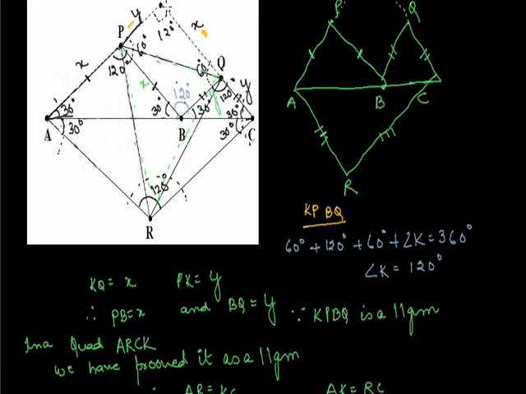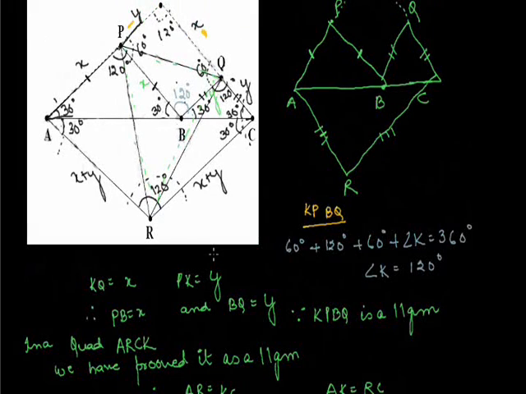Now since this is x plus y, KARC, we have proved is a parallelogram and opposite sides are equal. So if KC is equal to x plus y, AR is also equal to x plus y, and in this if AK is equal to x plus y, RC is also equal to x plus y, as we have already mentioned.